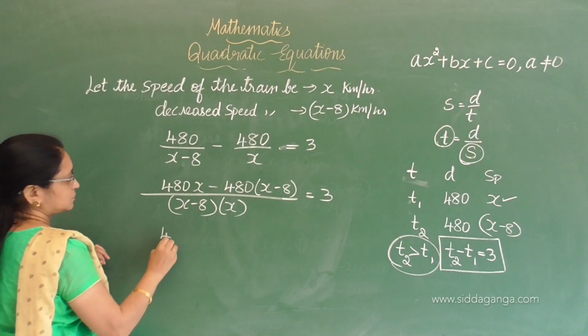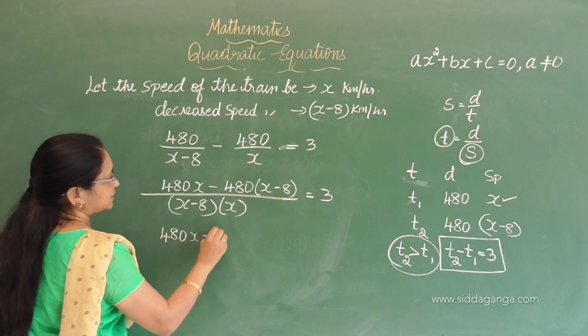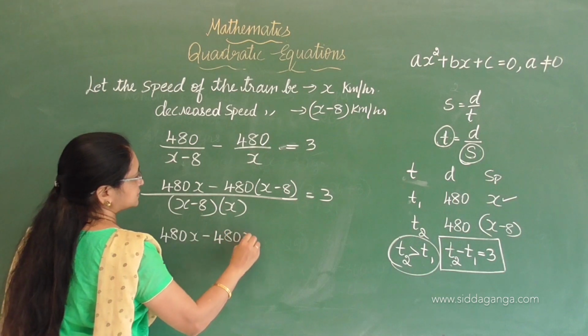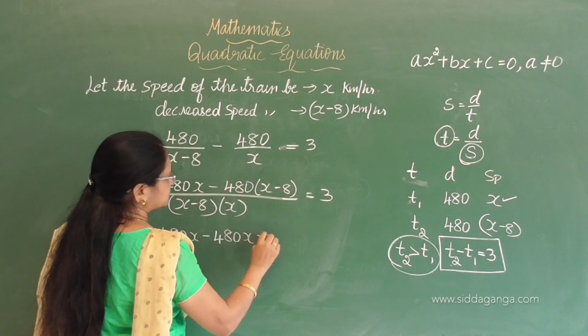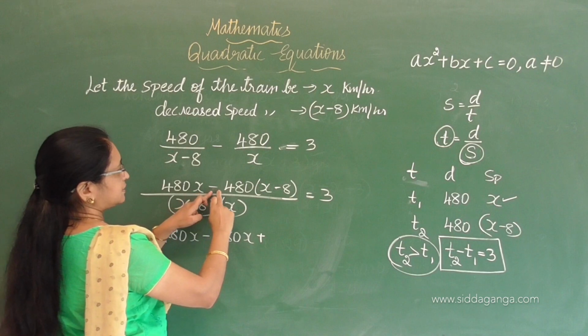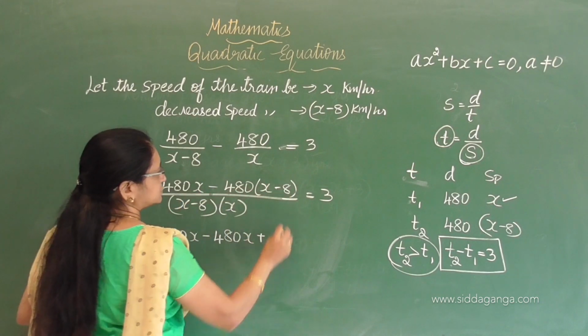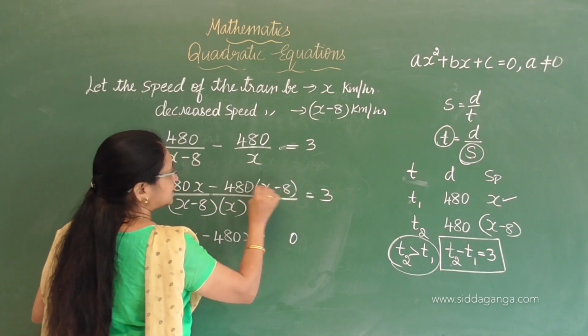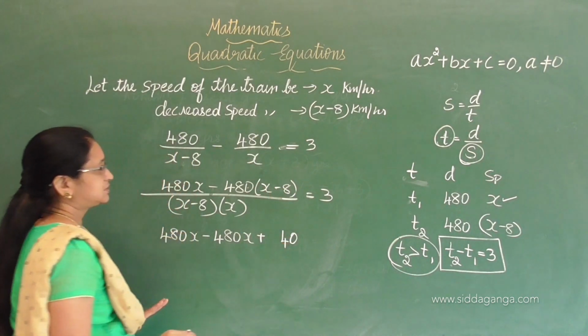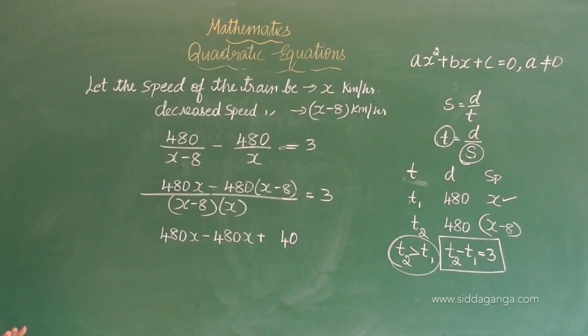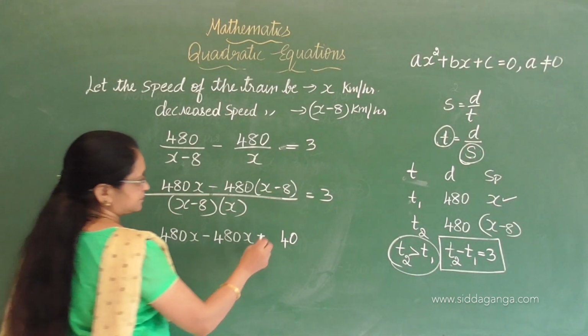Now 480x minus 480x cancels, minus into minus is plus. Then 480 into 8: 8 zeros are 0, 8 8s are 64, 8 4s are 32, 32 plus 6, 38.